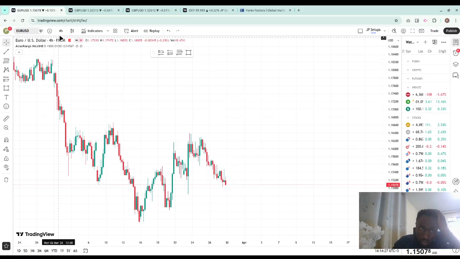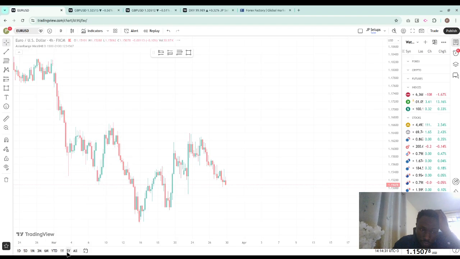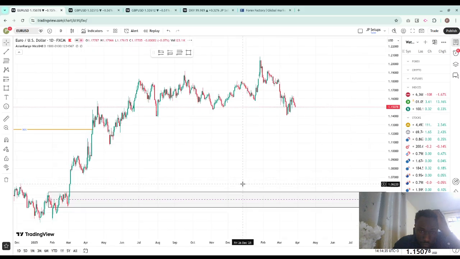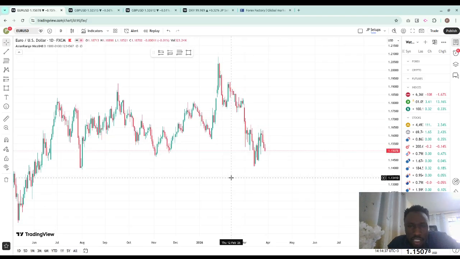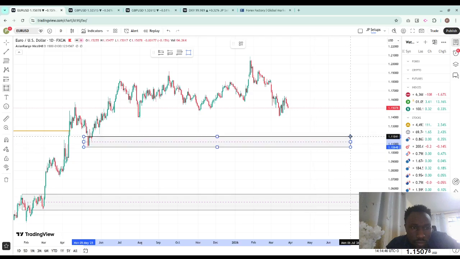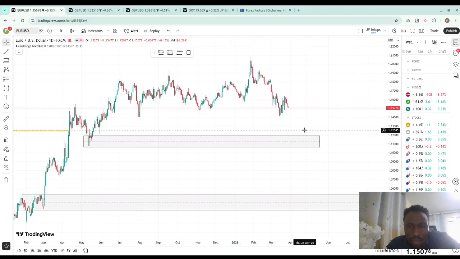All right, so we come to the 4 hour. Did we start with the daily? If you come to the daily, I don't see any demand zone unless maybe this point here, maybe this point, but here I'm favoring sales.